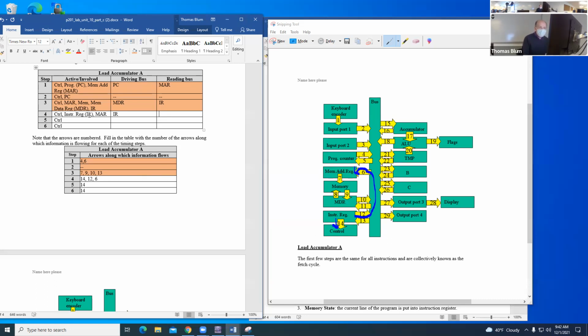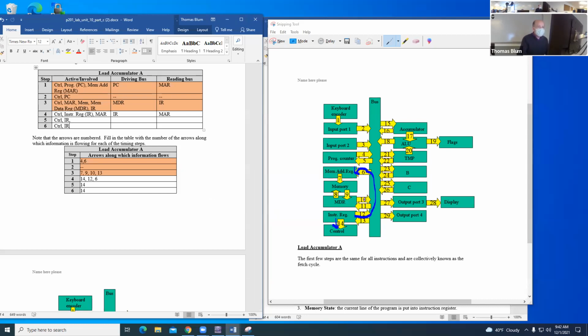And who's taking it off the bus? The memory address register. In terms of who's involved, once I'm in the execution cycle, the instruction register is always involved. So I'm going to put IR here. So here, I said I put control. Control's always involved. And during the execution cycle, the instruction register is always involved.